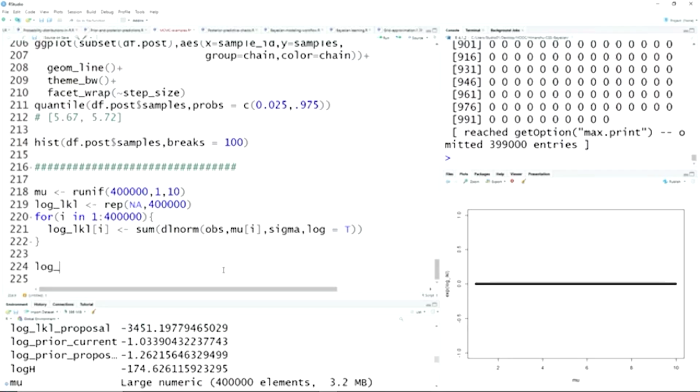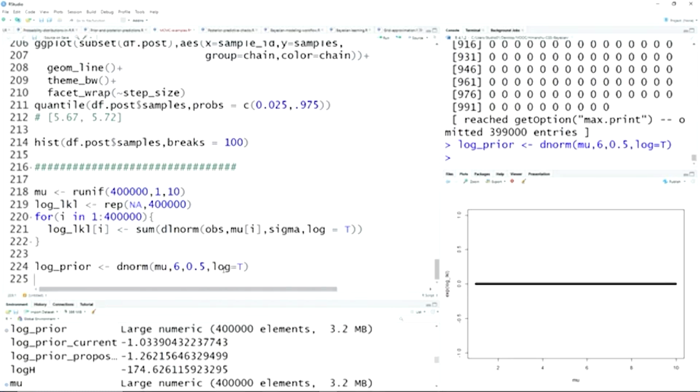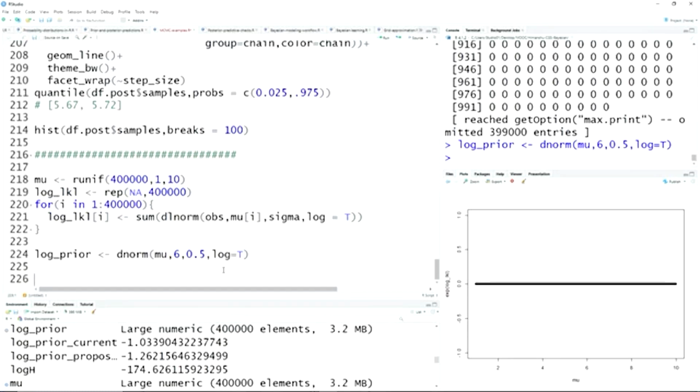Now we also need log prior for each proposal. So how do we do that? We use dnorm because that was our prior. We will calculate it for each parameter mu with the mean 6, standard deviation 0.5, log equals true. Okay, so we get log prior corresponding to each parameter, each sample.